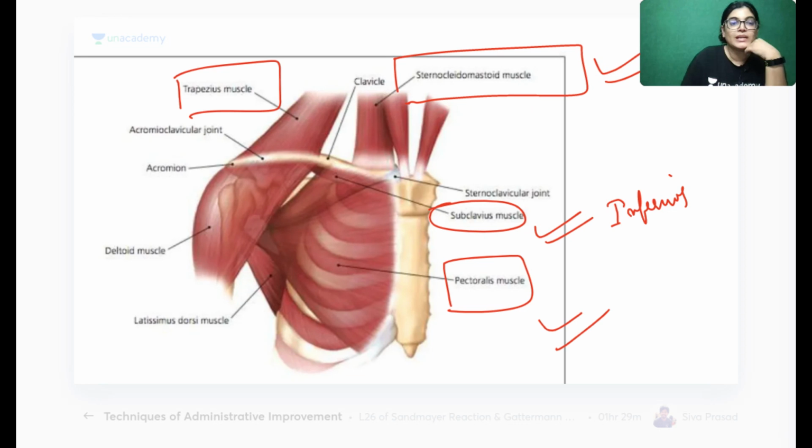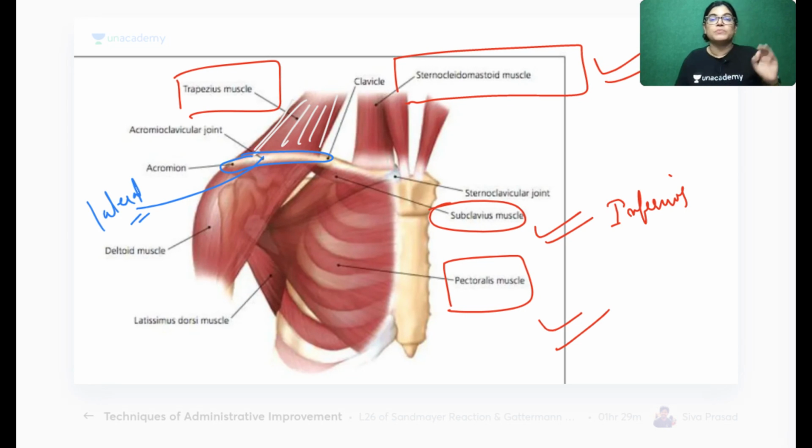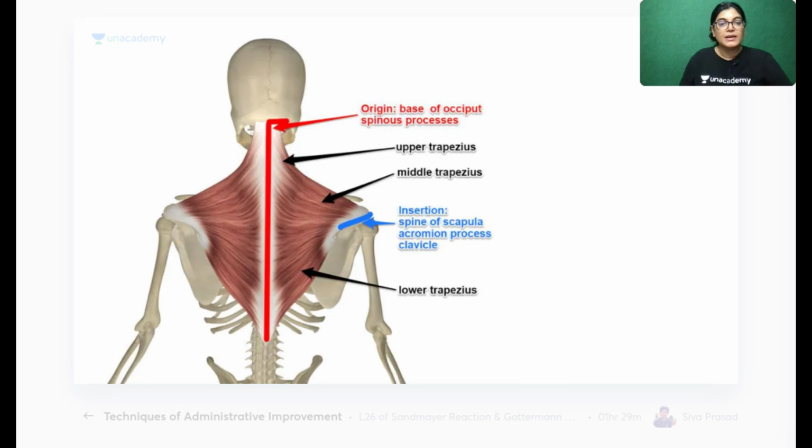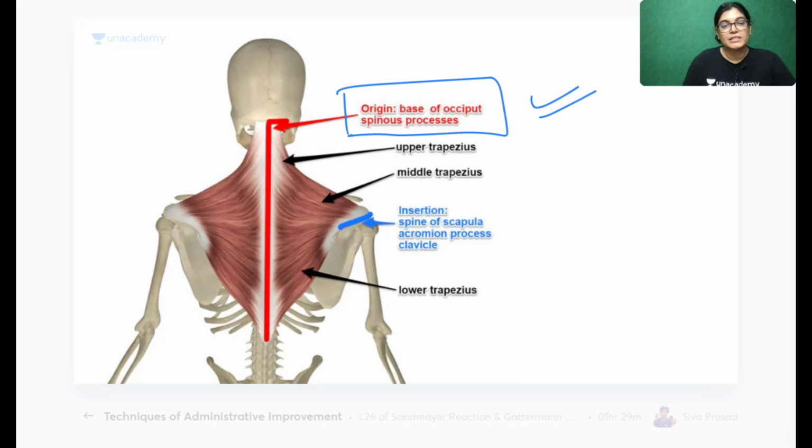And if you see this diagram, you can clearly appreciate the trapezius muscle is attached onto the lateral part. What is this? Which part of the clavicle is this? This is the lateral part of the clavicle which is giving attachment to trapezius muscle. Absolutely right. Now, my dear students, please revise the origin and insertion of trapezius muscle. Origin is from the base of the occiput bone and spinous processes. These are the upper fibers, middle fibers, and lower fibers of trapezius muscle.